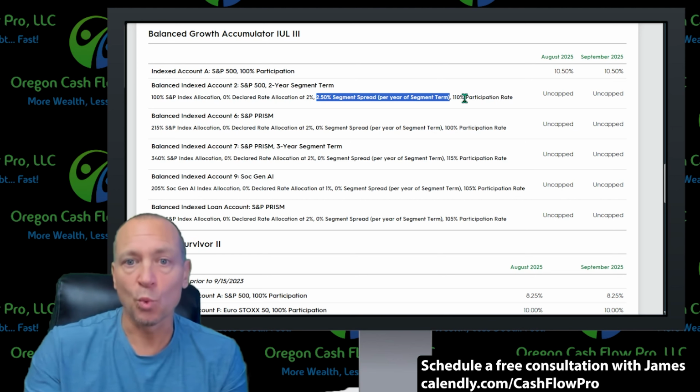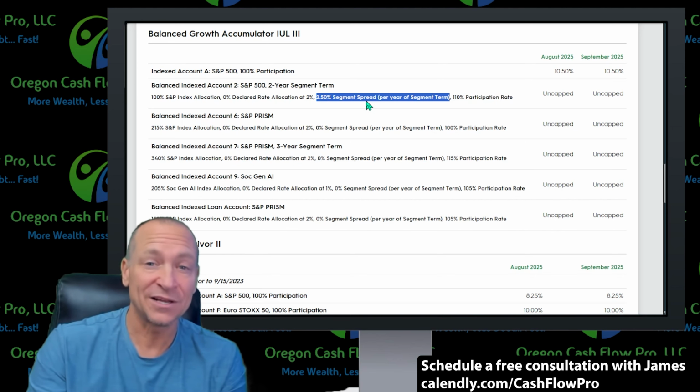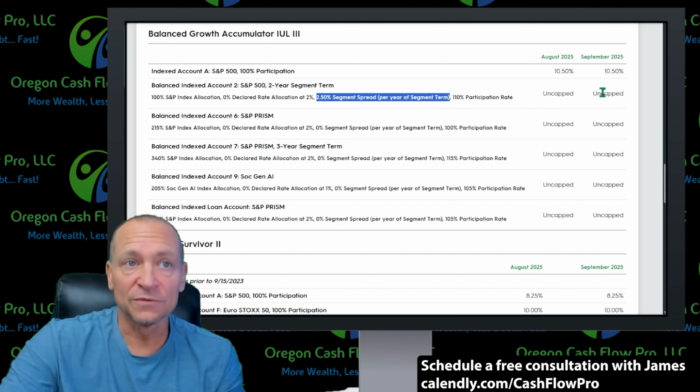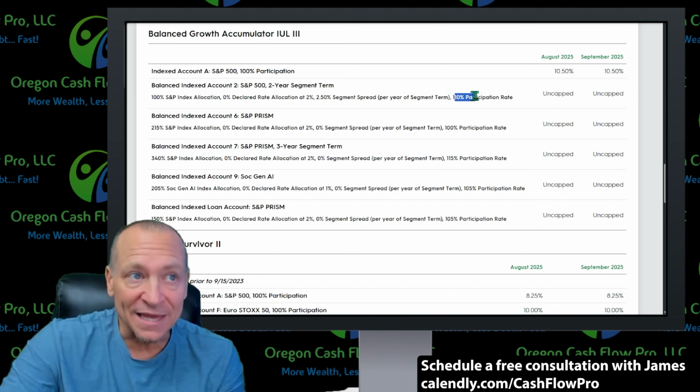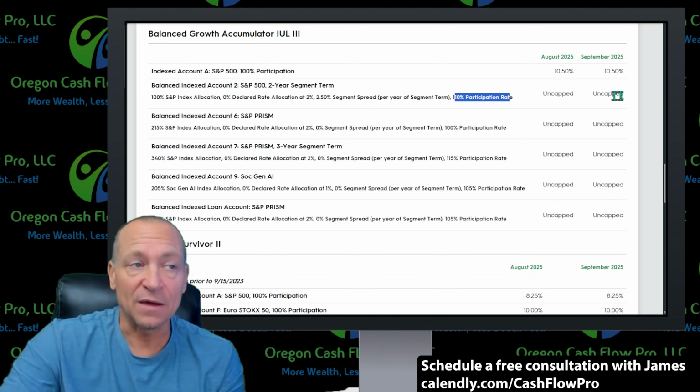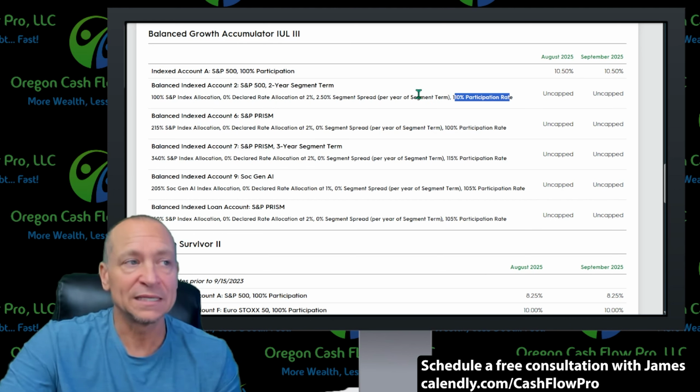And then in the second year, 20% minus the 2.5%. So we got another 17.5 for a total of 22.5% credit over those 2 years. And then multiply that times 110% participation rate. Wow. That one can have some really good returns depending on when you get into this product.